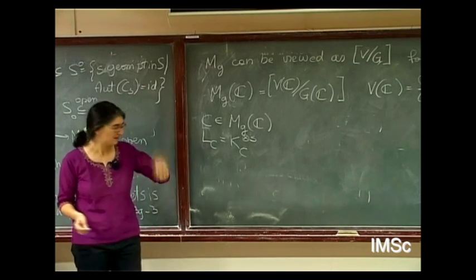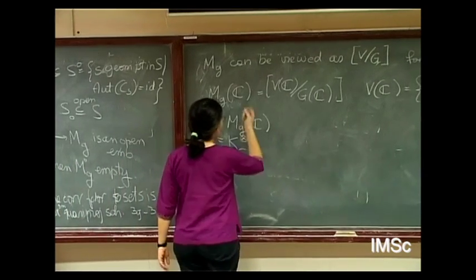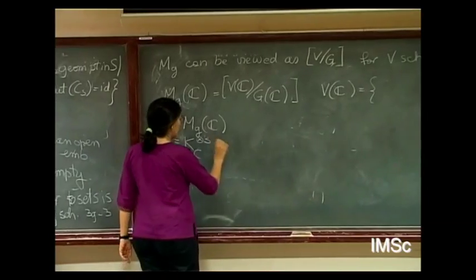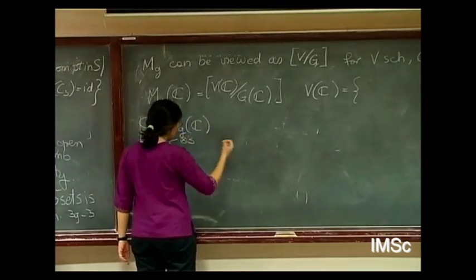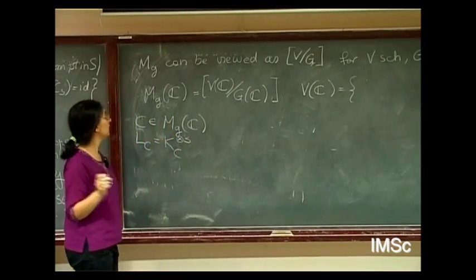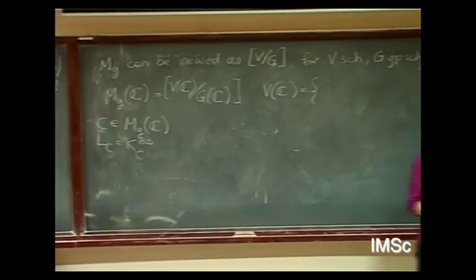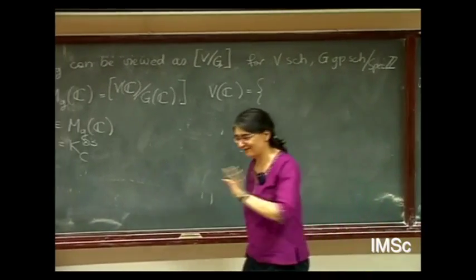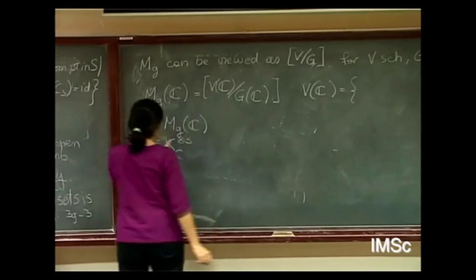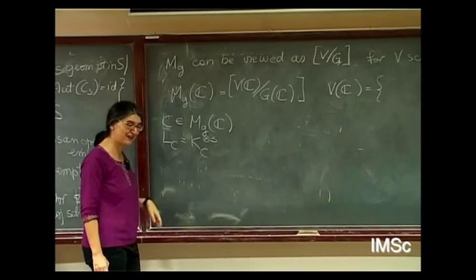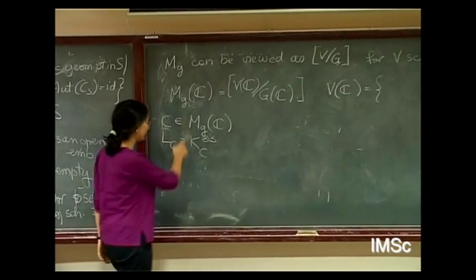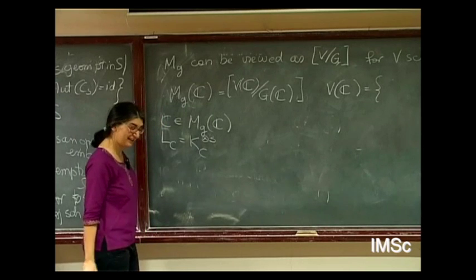So I go high enough that this is ample, and moreover, G was at least 2, right? Otherwise, we'll say in one moment what happens if your G is not at least 2.